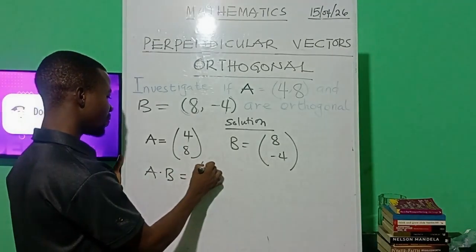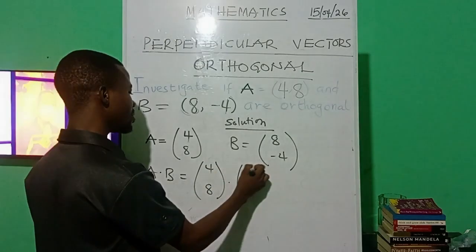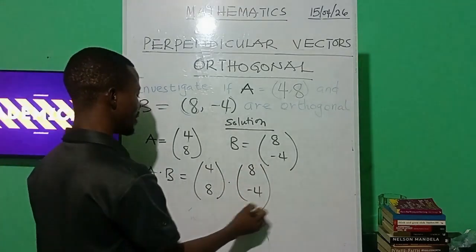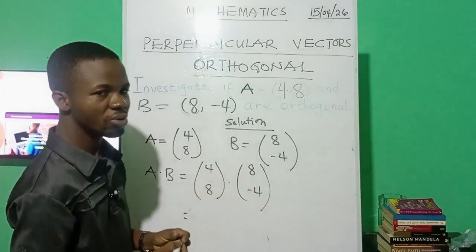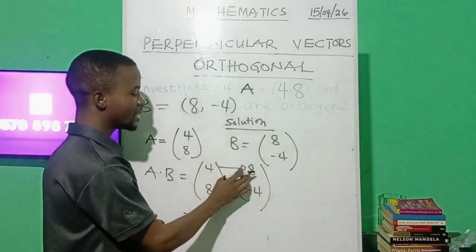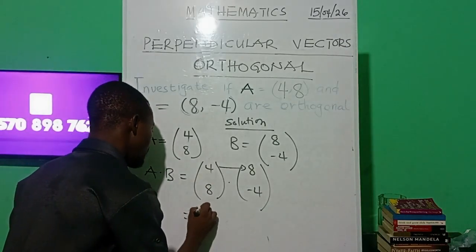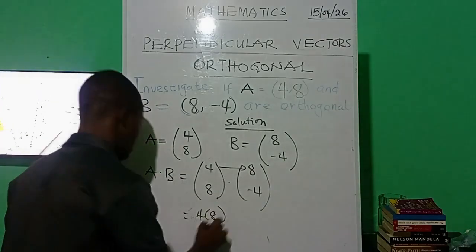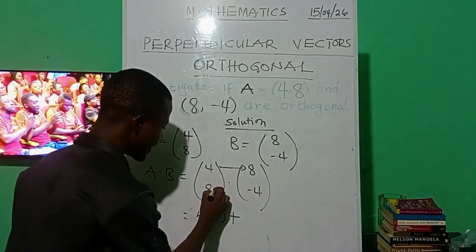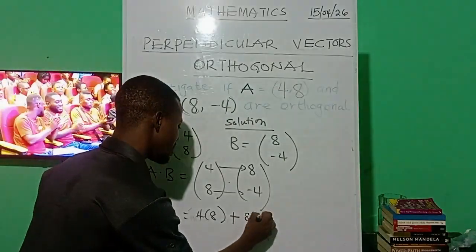So A is 4, 8, multiplying B, which is what? 8, -4, like this. So you multiply the x component, 4 times 8. Then you add the 2, 8 times -4.